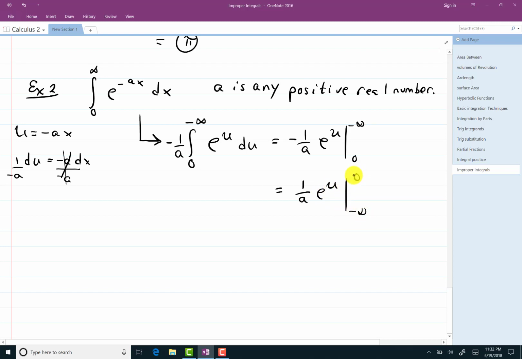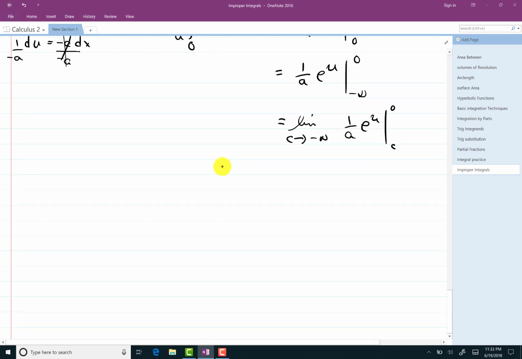Of course, now this is the worst thing that could happen, at least from a teaching standpoint, that the lower limit is the one going to negative infinity, and this is the letter I like to use as a for that. So I'm going to have to come up with something different. Let's do the limit. Let c go to negative infinity, 1 over a e to the u from c to 0.